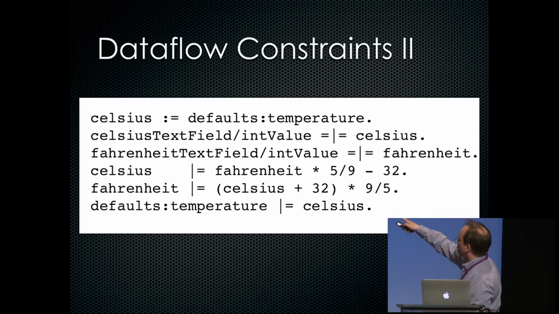Then you have two formulas with one-way constraints that say how to compute in either direction. And again, all of this says always true. This should be always true. And then finally, we have a constraint that we write whatever the current value is back to the defaults database. And again, this is what you get as a possibility when you actually make architecture flexible.